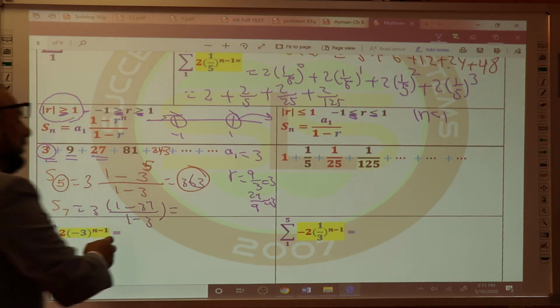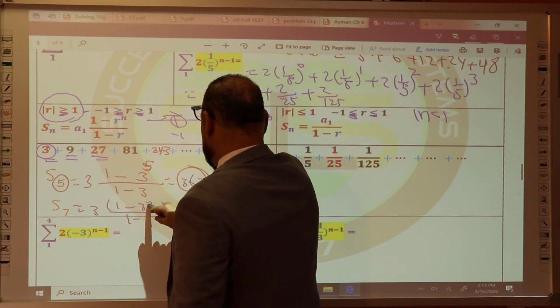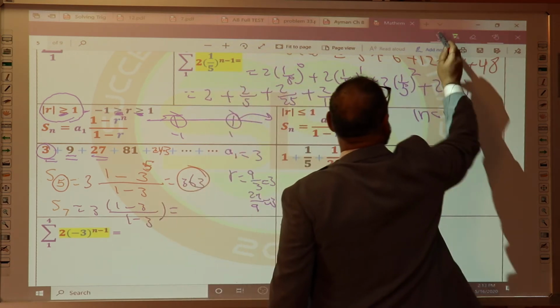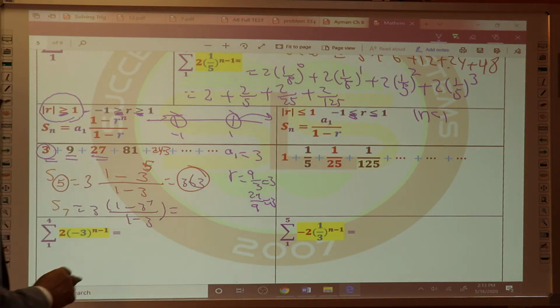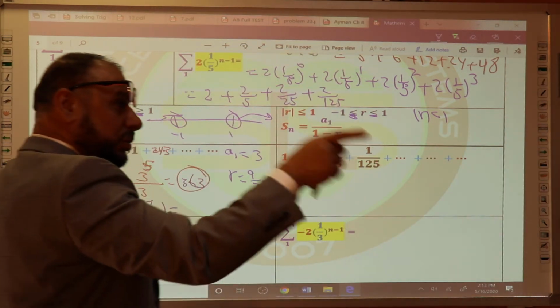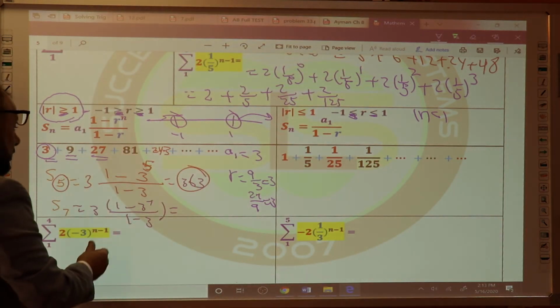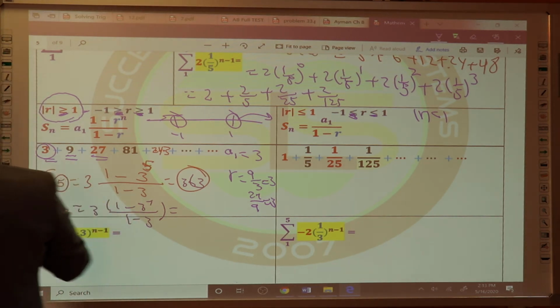You have to use a calculator for this. 3 to the power 7. 1 minus 3 to the power 7.